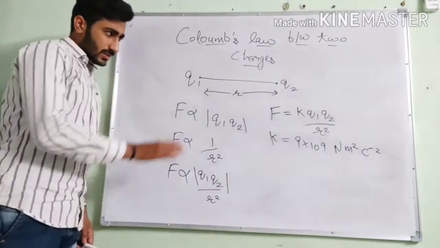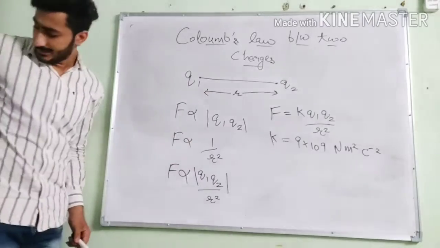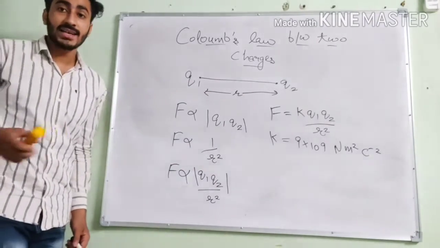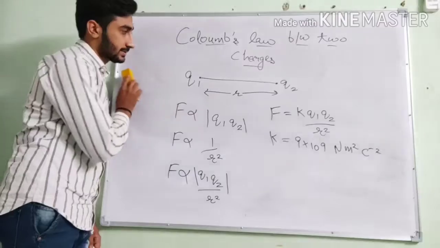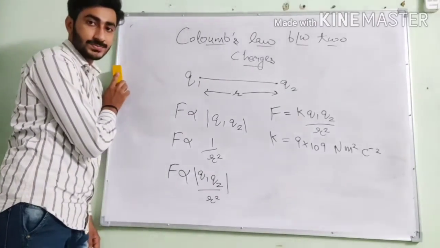Now we will discuss K, that is the proportionality constant. Just note it down.